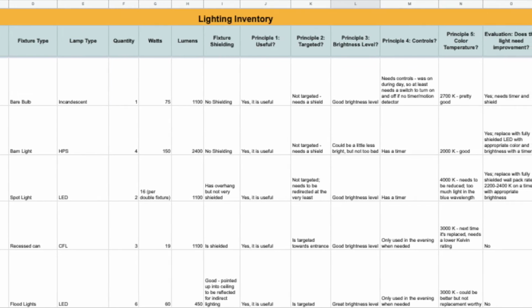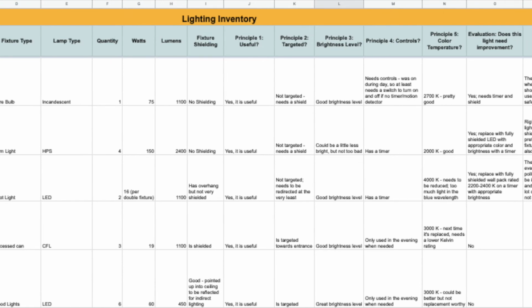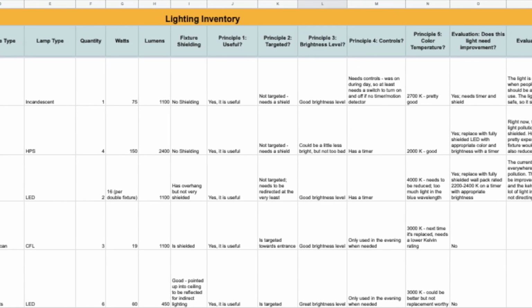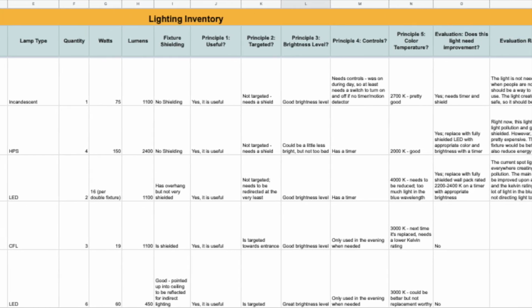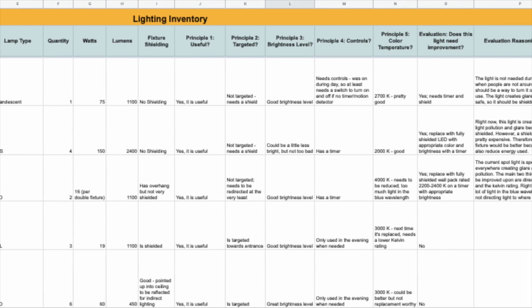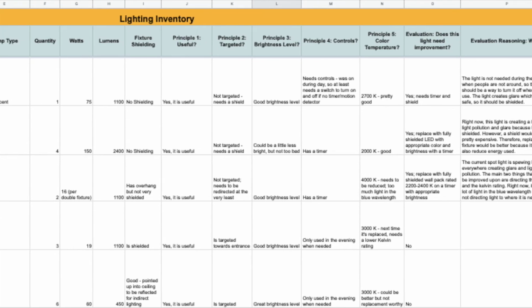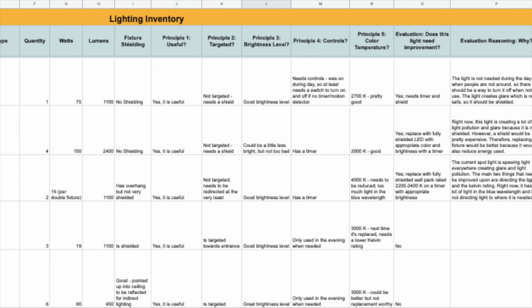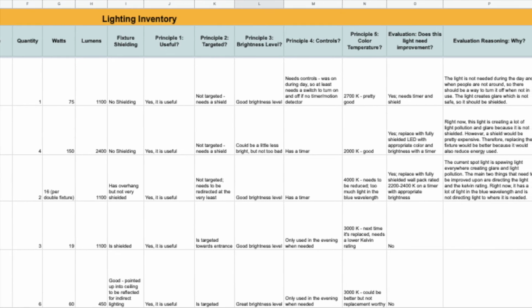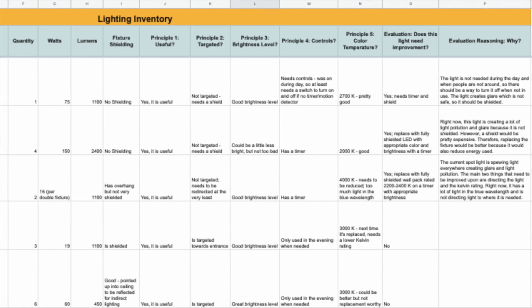And then this is also where we're going to be doing our evaluation. So this is the first half of it, and you can go ahead and pause here if you want to look at what I put here, and you can compare it to your own inventory and see how similar or different they might be.